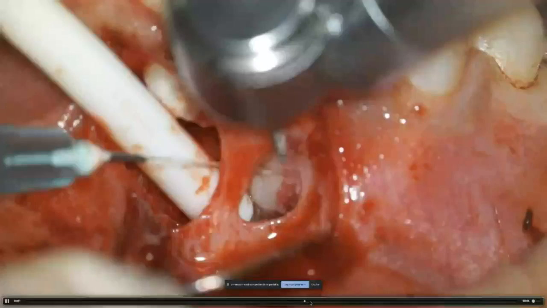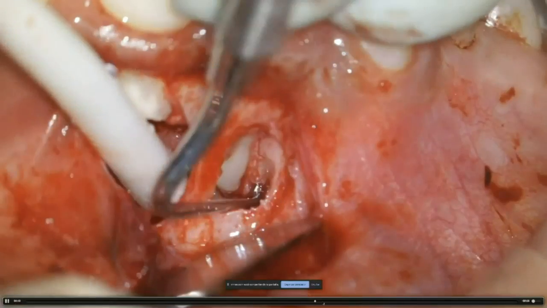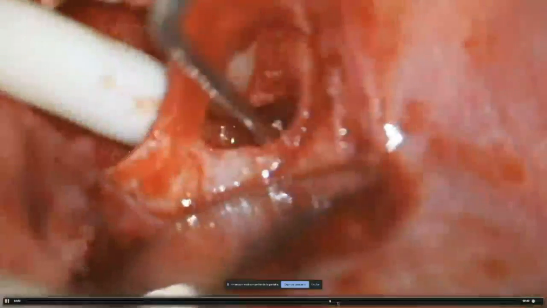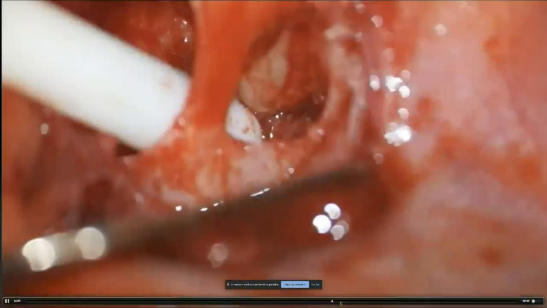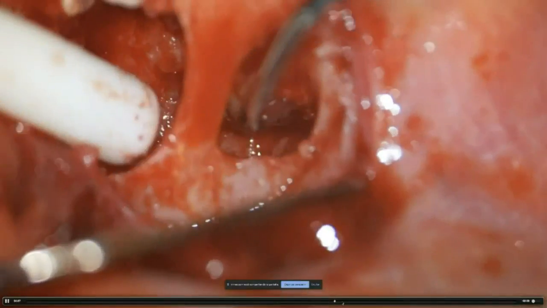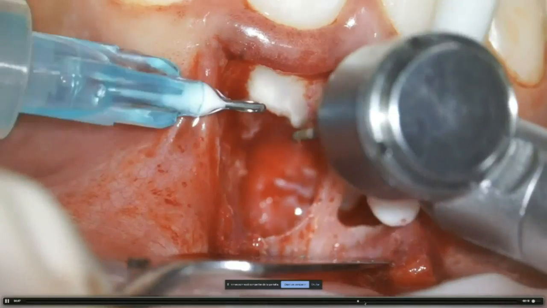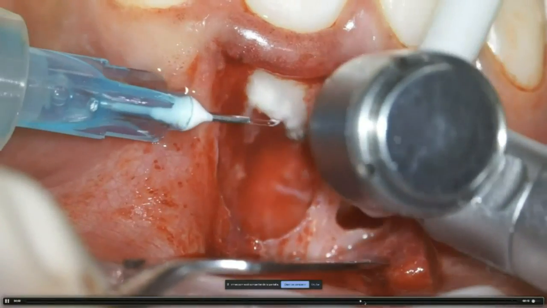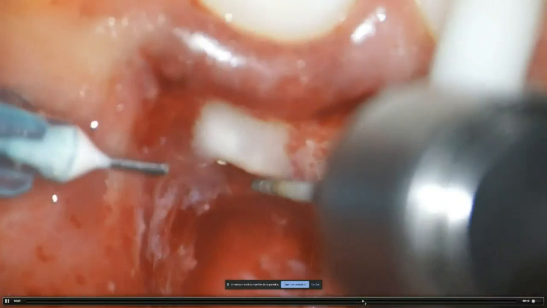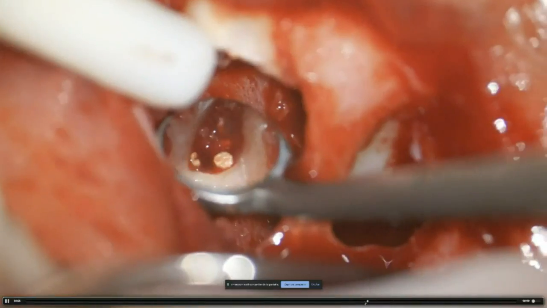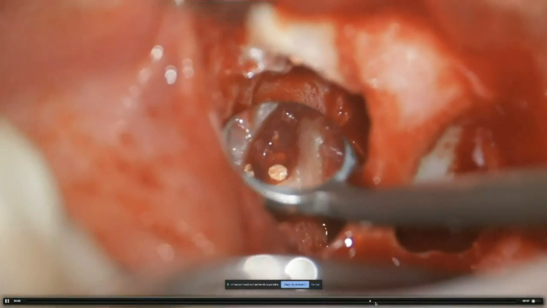Forward a little bit more, I was eliminating all the granuloma tissue. After I remove all the granuloma tissue, okay, I see the root from 1.1 and 1.2. And then what I make here with a 45 angle handpiece, I just try to make the apical portion more regular, so it will be more stable for me to place the material.